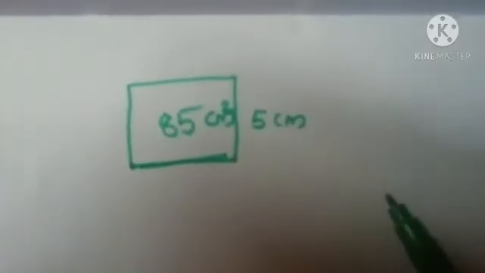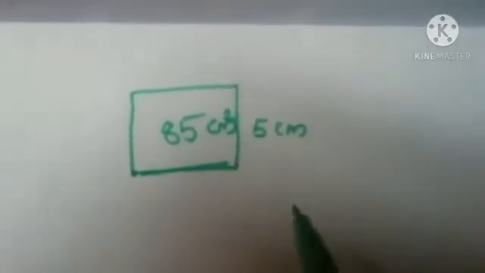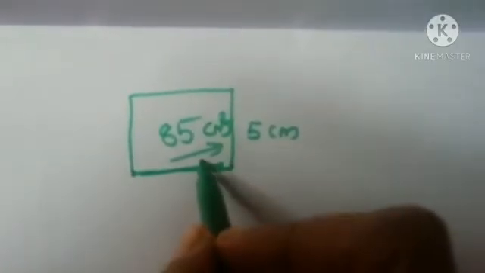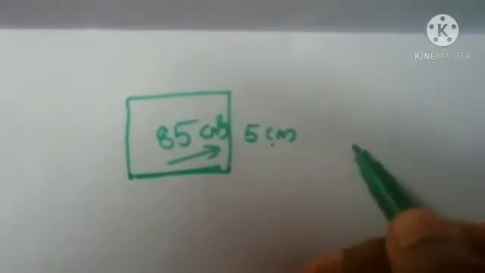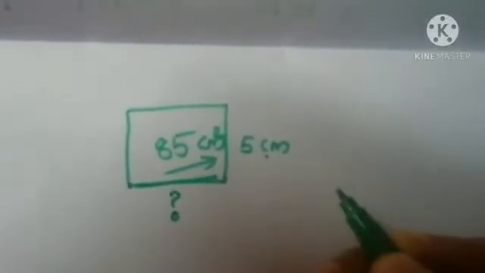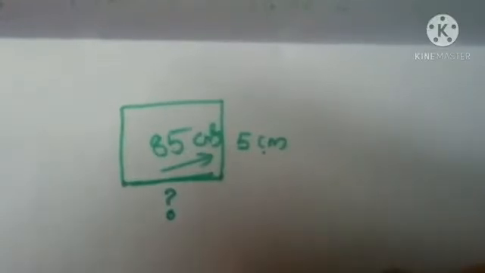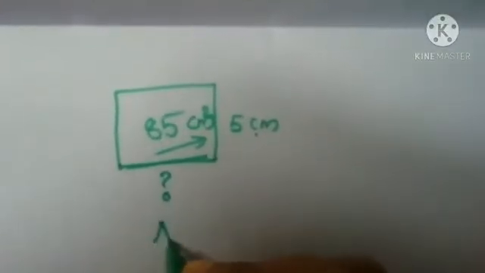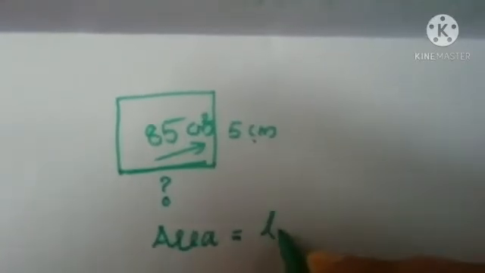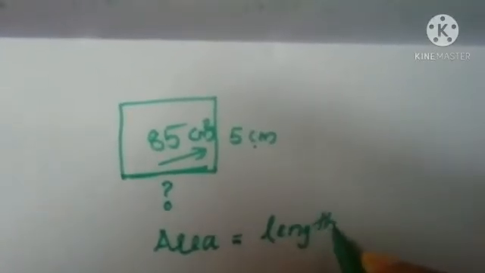From our question, we can arrive at this conclusion. The area is 85 square centimeter and one of its sides is 5 centimeter. Here we need to find the length, the other side of this rectangle. We know that the area of a rectangle is length multiplied by breadth.